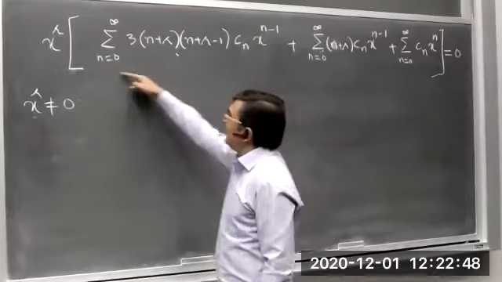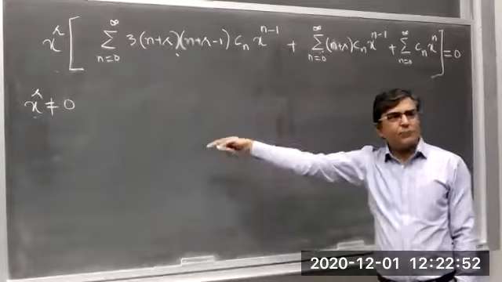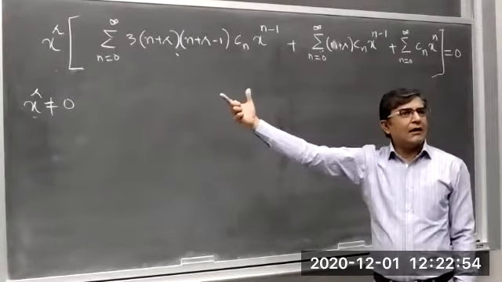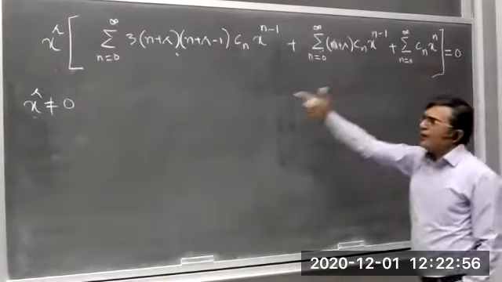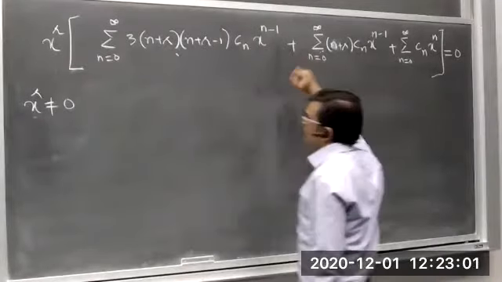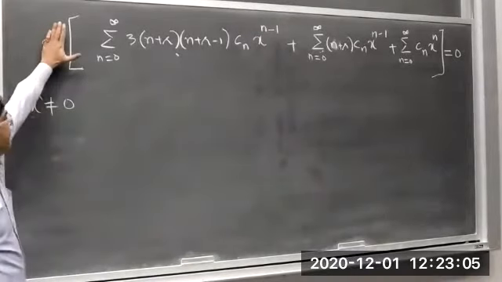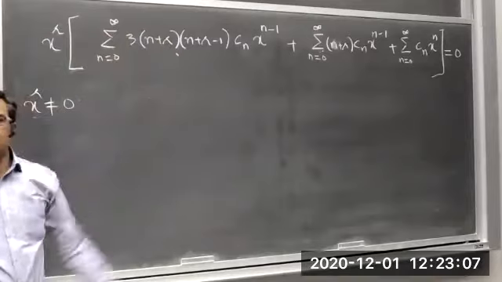What does it mean? This whole summation factor must be 0, because the product of two factors is equal to 0, and we are assuming that one factor is not 0, so the other factor must be 0. In the next step, we write this whole summation term.